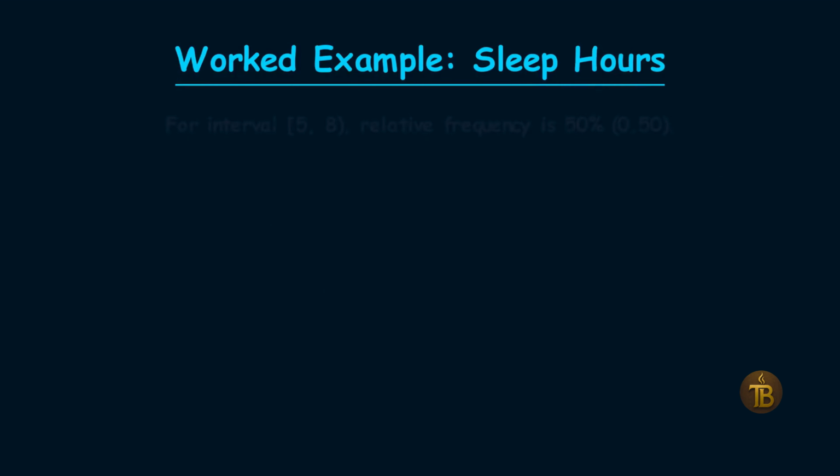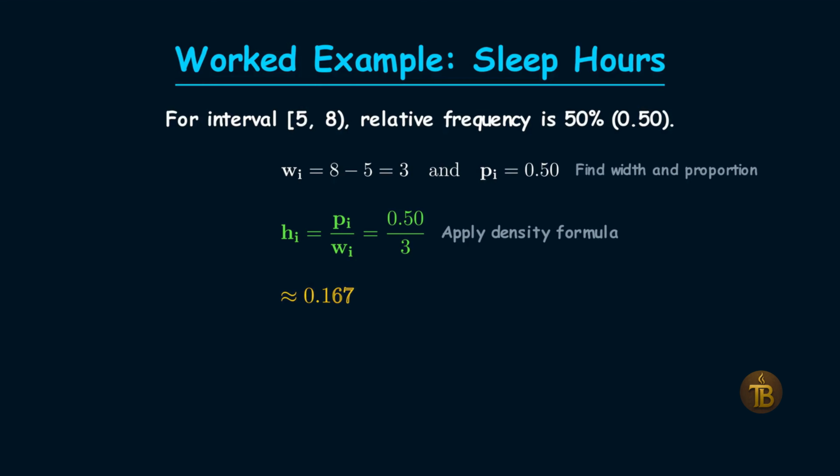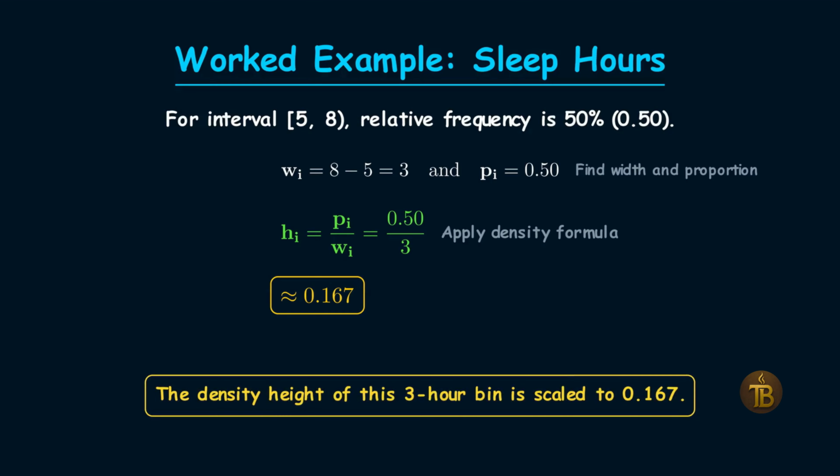In worked example 2, we calculate density for sleep hours. For the interval from 5 to 8 with a relative frequency of 50%, the width is 3 and the proportion is 0.50. Dividing 0.50 by 3 gives a density height of approximately 0.167.